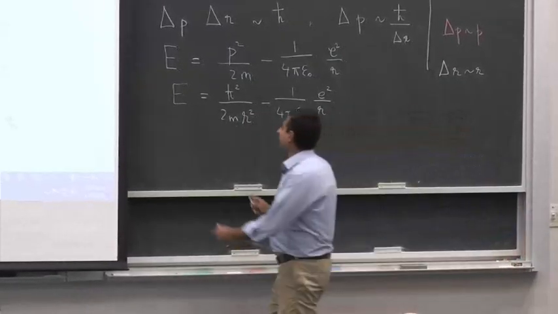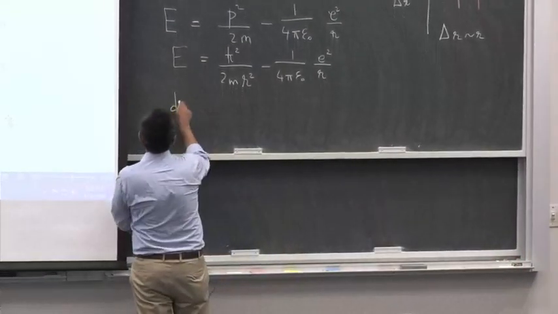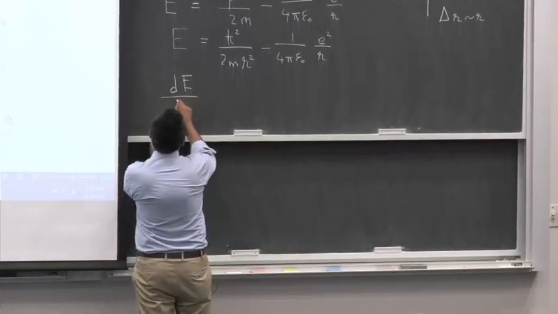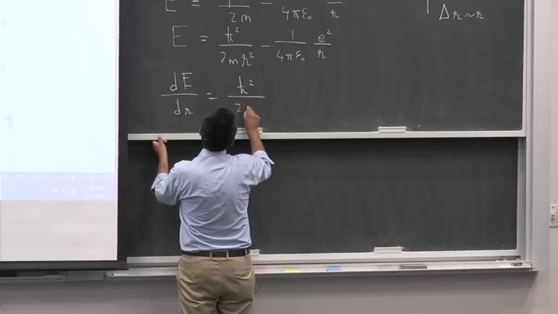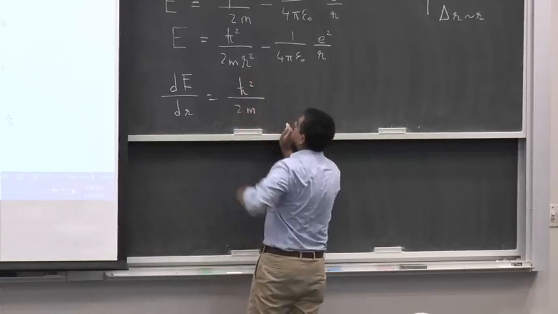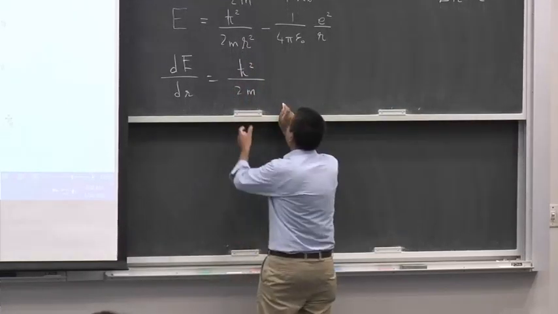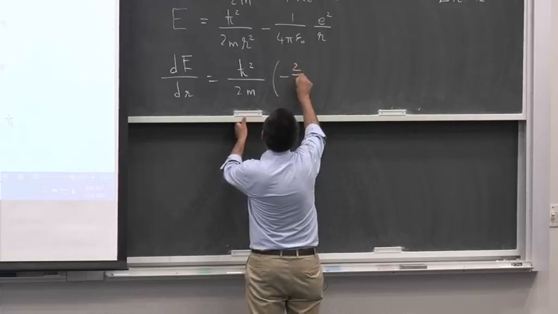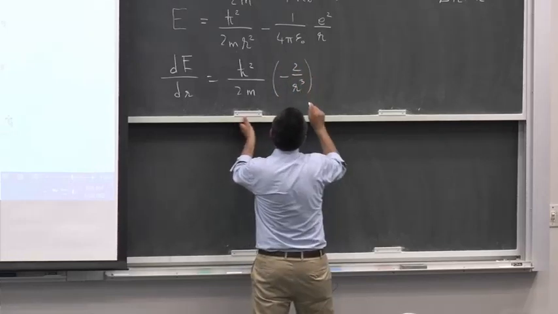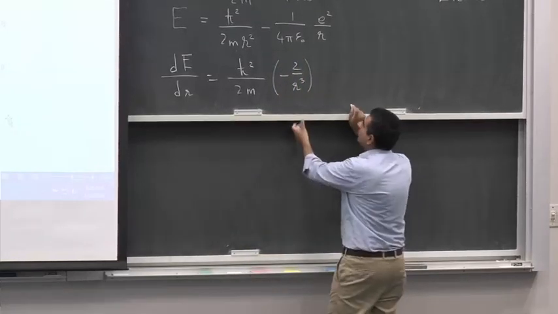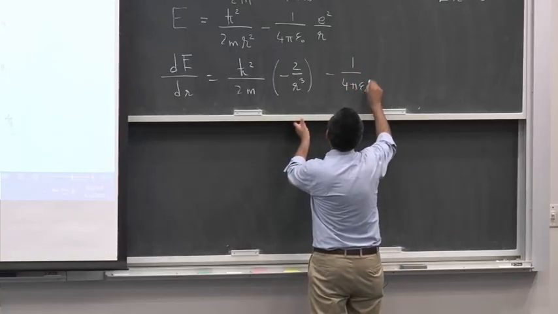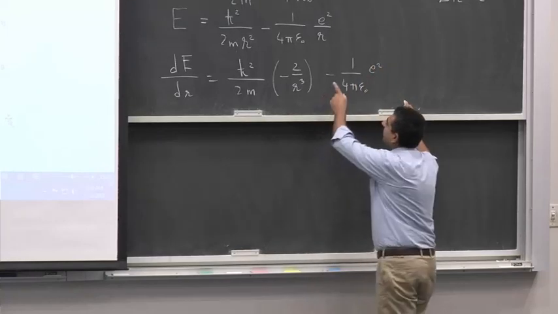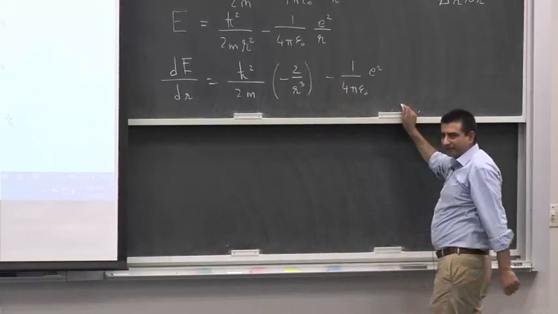So if I do that, dE over dr is h bar squared over 2m times the derivative of 1 over r squared, which is, I think, minus 2 over r cubed, minus 1 over 4 pi epsilon naught e squared times the derivative of 1 over r, which is minus 1 over r squared.